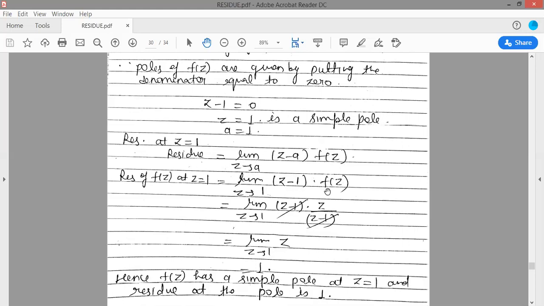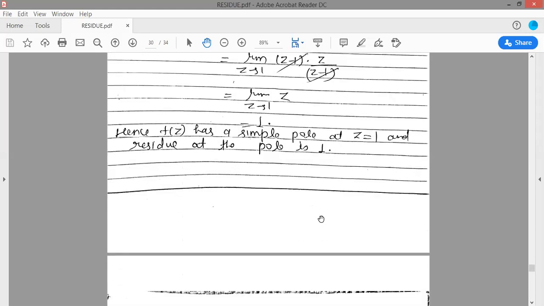Putting the value of f(z): (z minus 1) into z upon (z minus 1), both cancel out, only z is left. Putting the value of the limit, the residue of f(z) at z equal to 1 will be 1. Hence f(z) has a simple pole at z equal to 1, and the residue at the pole is 1.